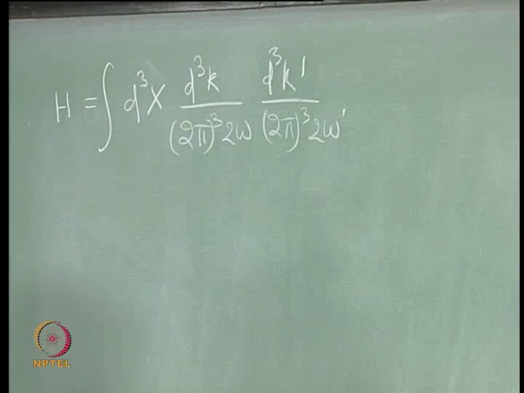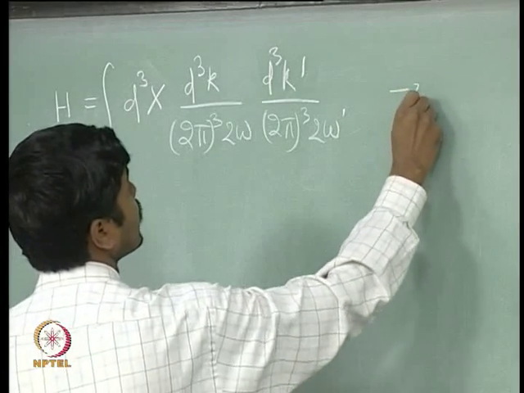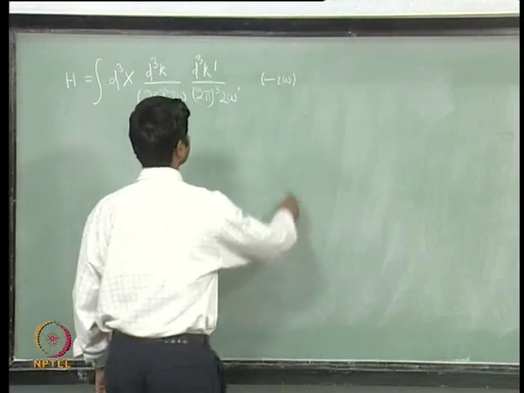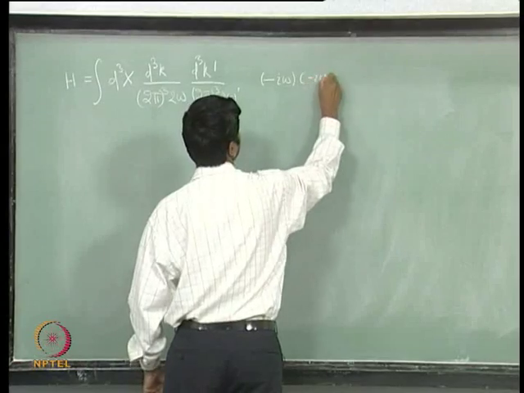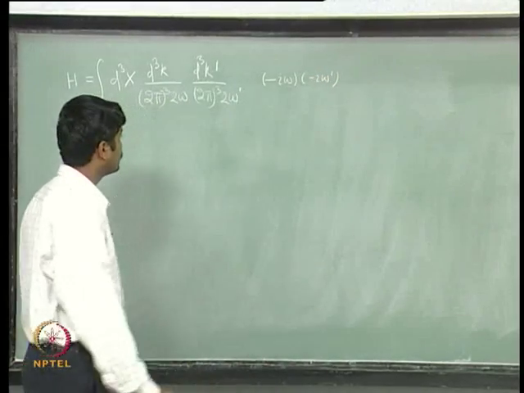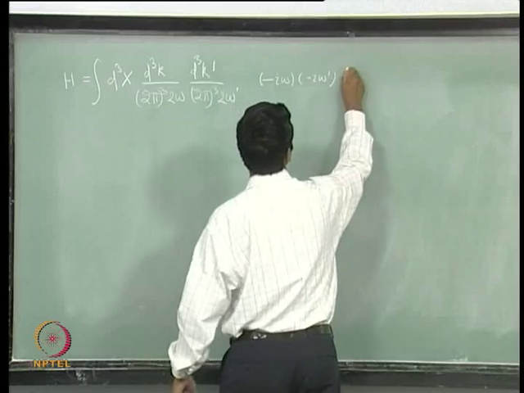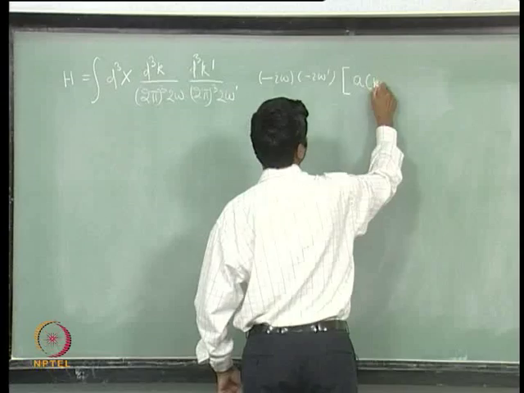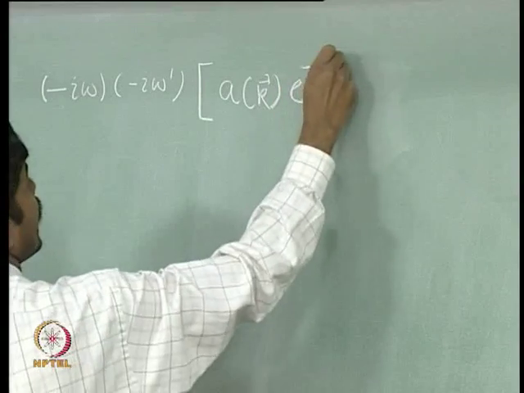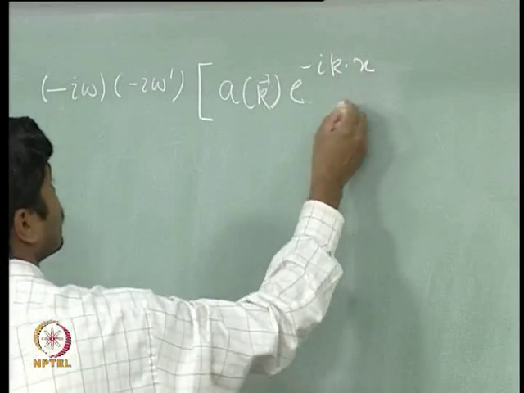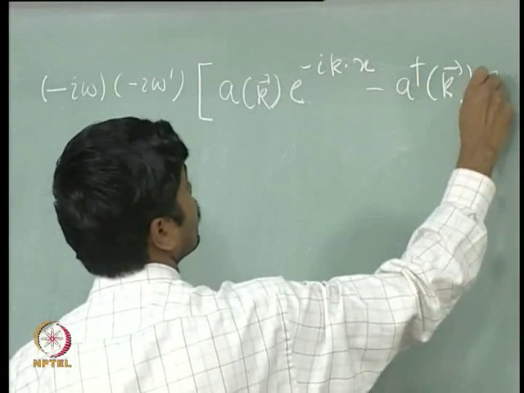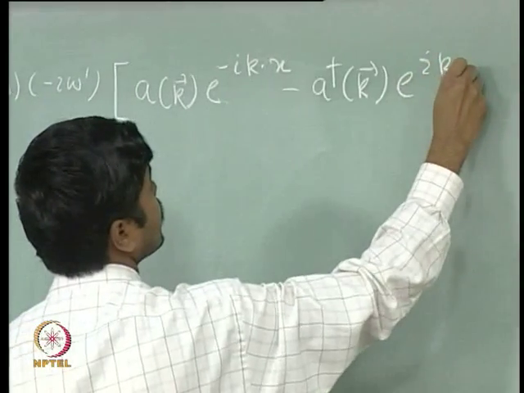Then I have pi of x square, so that will give me minus i omega for one of the pi's and minus i omega prime for the other pi, times a_k e to the power minus i k dot x minus a dagger k e to the power i k dot x.